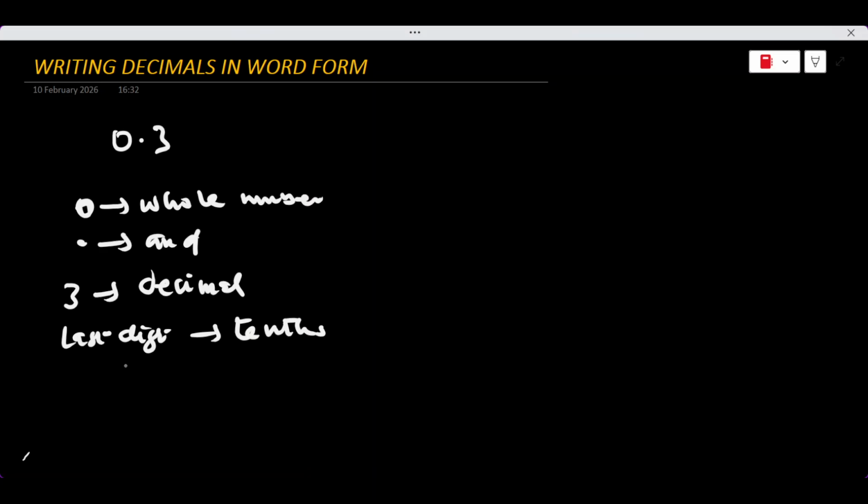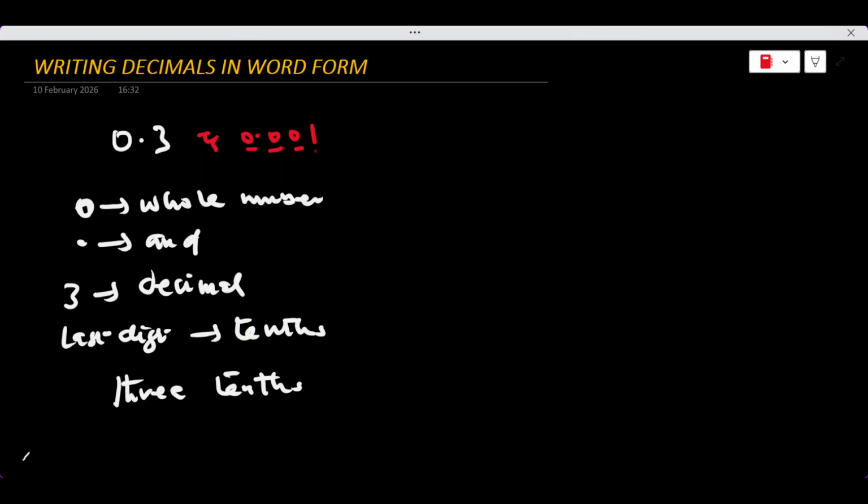Now, in this case, you will not read it as 0 and 3/10. No, we don't read it that way. So this one will be written as what? 3/10. Just 3/10. We don't mention the zeros. So whenever 0 is at the beginning, or maybe something like 0.001, you don't pronounce all these zeros when writing it in word form.